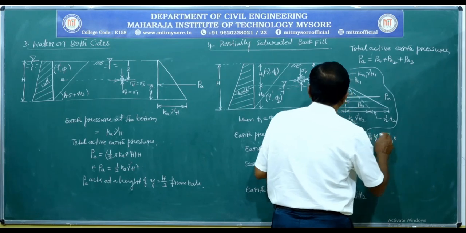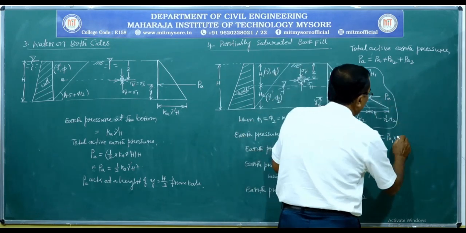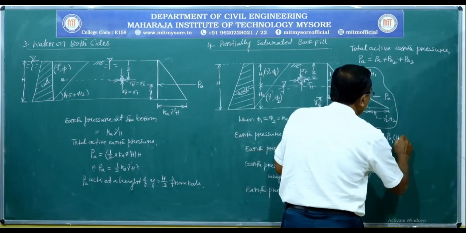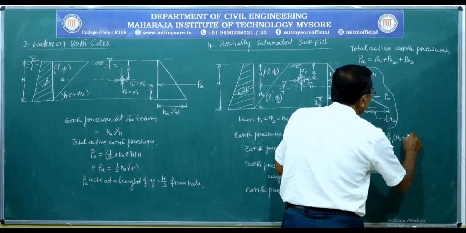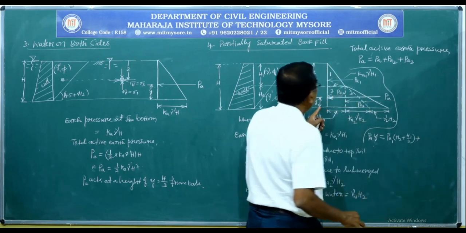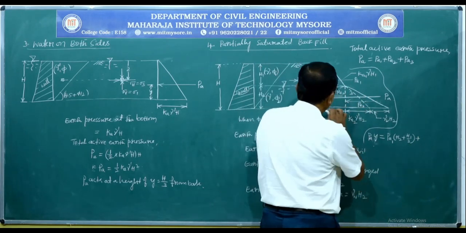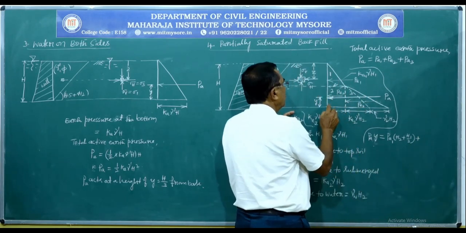PA into Y is equal to PA1 into its height, which is H2 plus H1 by 3, plus PA2 from the base. You have to measure from this toe.